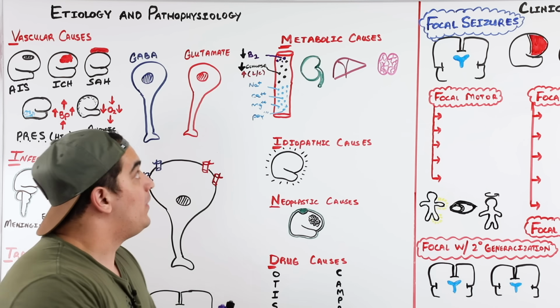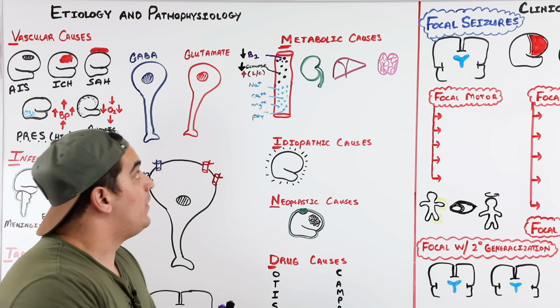Calcium, whenever you have low calcium, that is really going to cause a lot of seizures to occur. Another one, magnesium. Magnesium really stabilizes a lot of membranes and regulates the activity of calcium channels. So low magnesium can also trigger seizures. And last but not least, low phosphate level, hypophosphatemia can also trigger seizures.